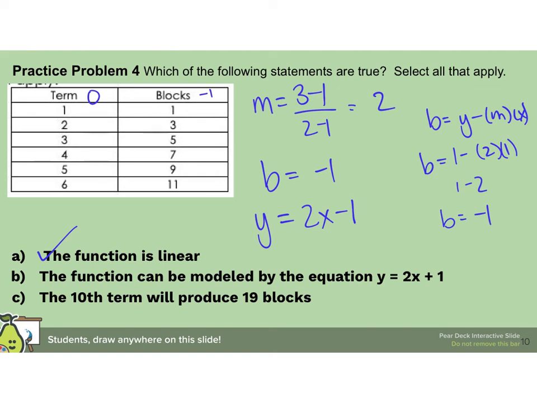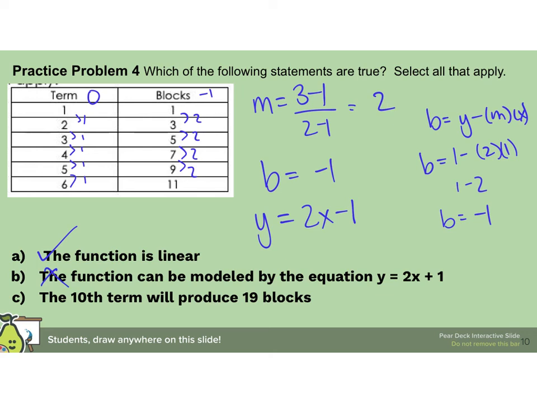You can do the math each time, but it's going up by 2 each time, and these numbers are going up by 1. So you're always going to get 2 over 1. It can be modeled by the equation y equals 2x plus 1. No, it's 2x minus 1.